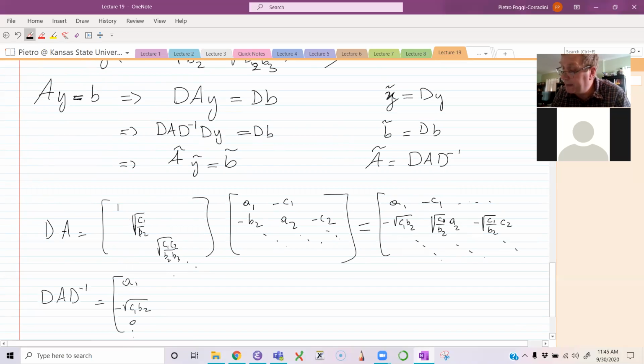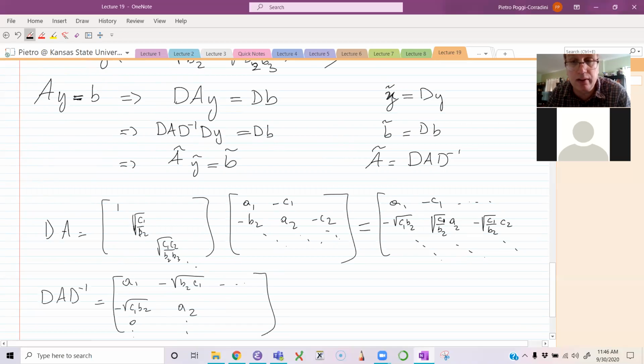So B2 over C1, so that gives me this. Then it canceled there, so I'm left with A2 there. So you see how it becomes symmetric?